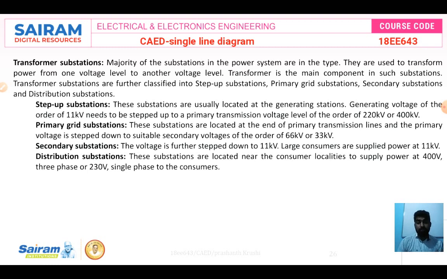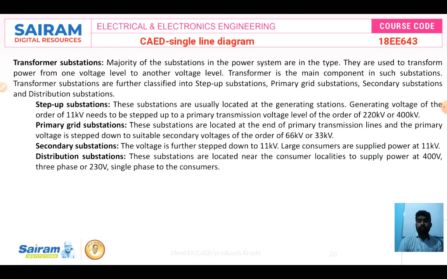Then the primary grid substation does 66 to 33 kV conversion, and in the secondary substation the voltage is further stepped down to 11 kilovolts, and large consumers are supplied power at 11 kV. Near the consumer we have the distribution substation, with 400 volts or 230 volts.